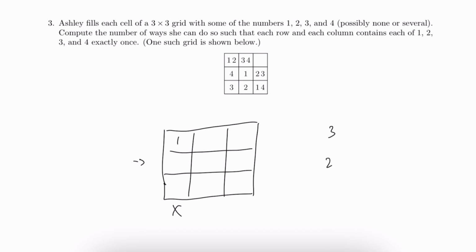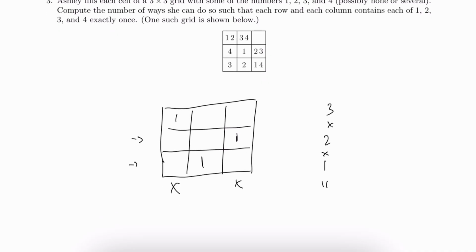So let's say we place it here, then this gets rid of the last column, and so in the last row when we place it, there's only 1 place to put it now. And so multiplying all these together gives us 6 ways to place a 1.